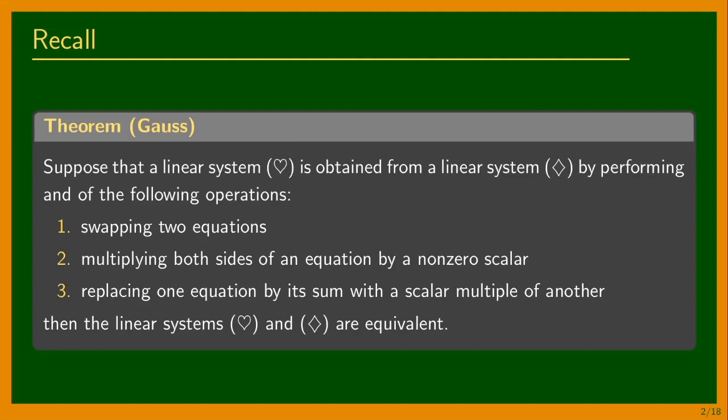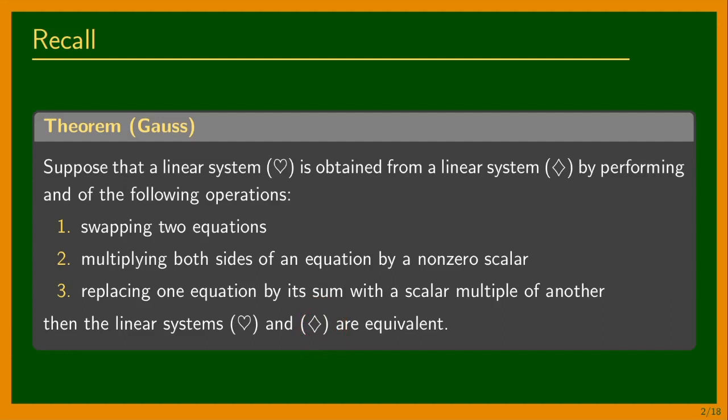Either you swap two equations from the linear system, or you multiply an equation, or both sides of an equation, by a non-zero scalar, or you replace one equation by its sum with a scalar multiple of another. According to the theorem, the resulting linear system is equivalent to the original one, meaning to say they both have the same solution set. Therefore, if you can solve the linear system heart, then that is equivalent to solving the linear system diamond.